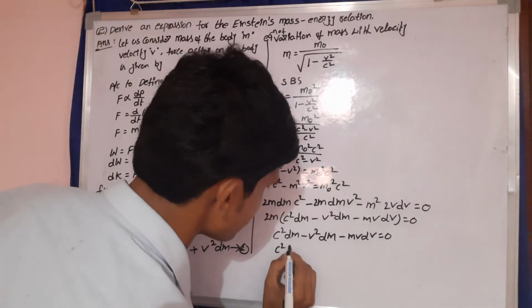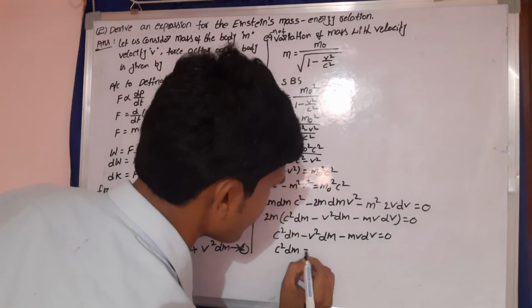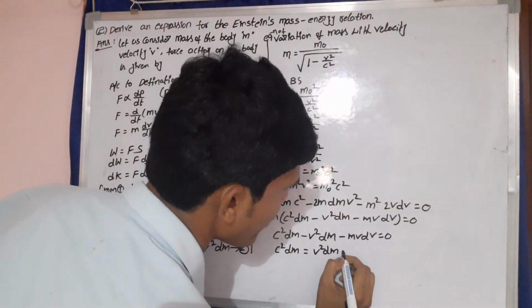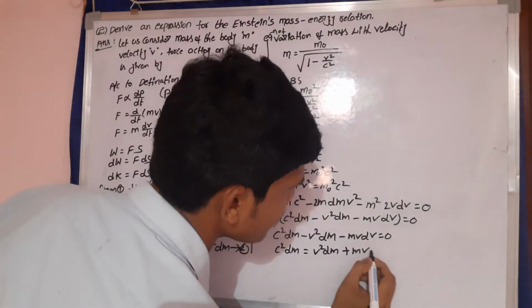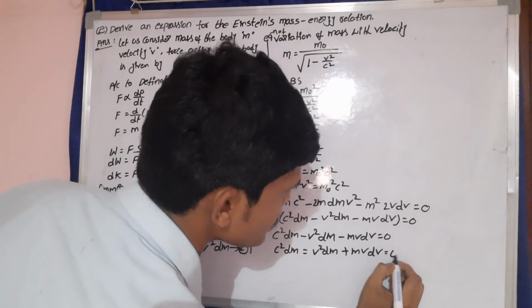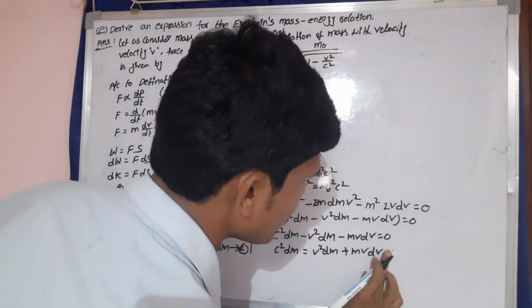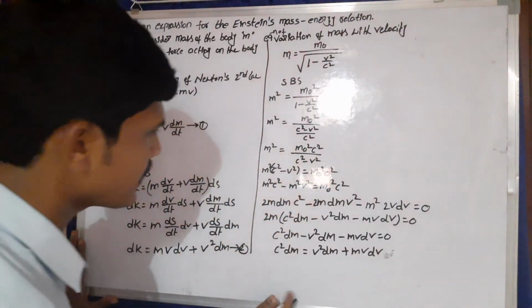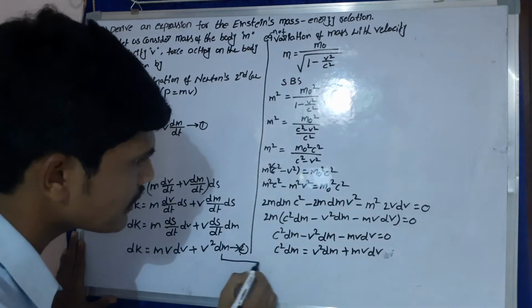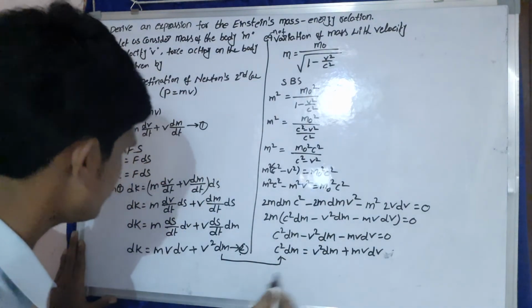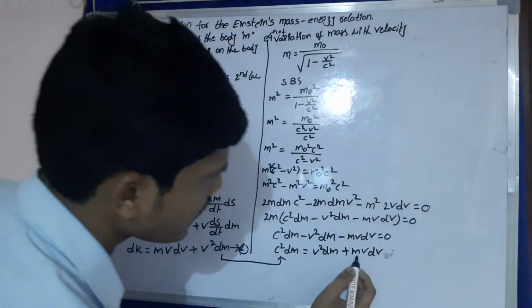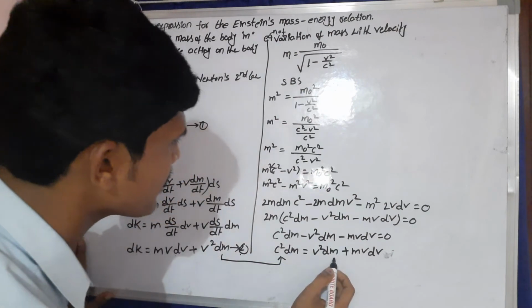That means c square dm equals v square dm plus mv dv. So these two equations have the same terms on the right side: mv dv plus v square dm.